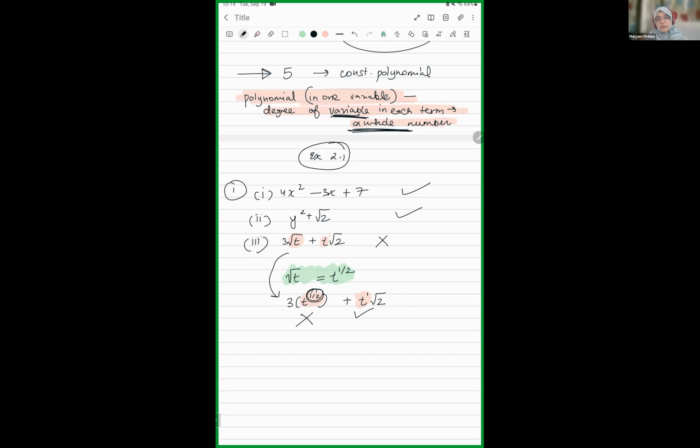Did you get it now? Yes, I got it. Okay, now let's come to the fourth one. Abdul Jabbar. x to the power 10 plus y cubed plus t to the power 50.